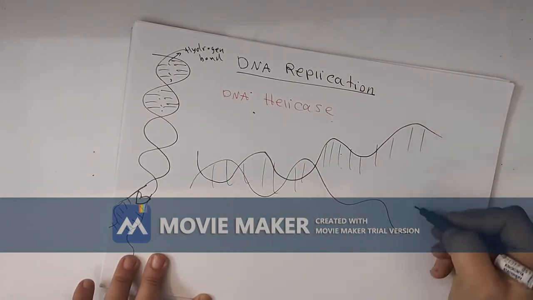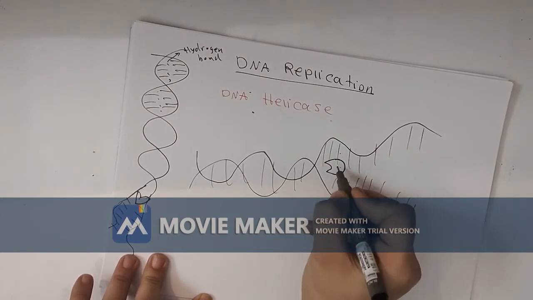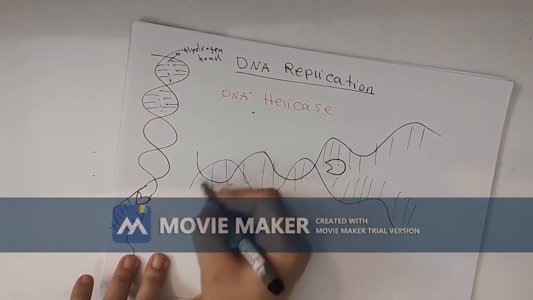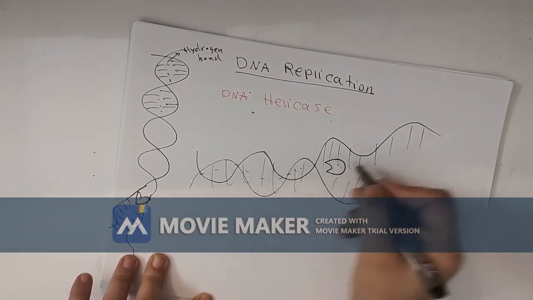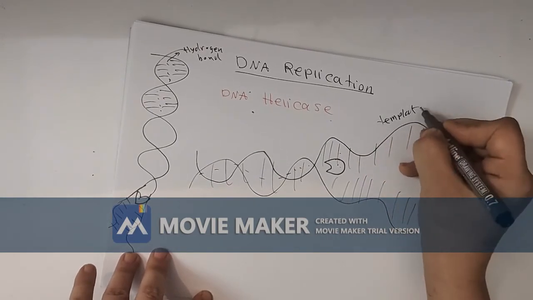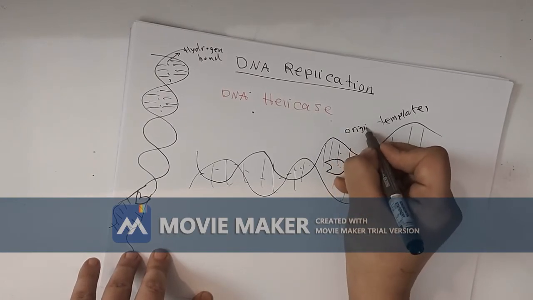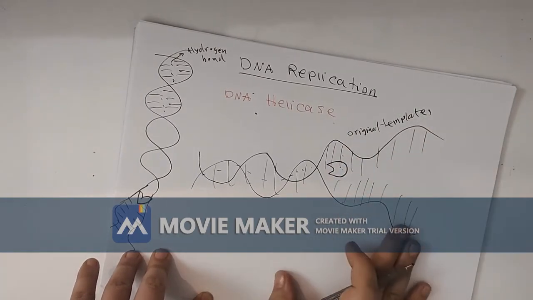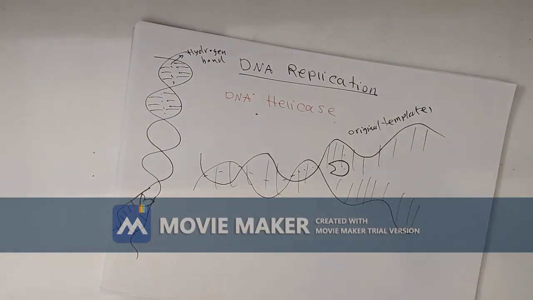So DNA helicase is just opening this helix up by breaking the hydrogen bonds. So there are the templates, the parental. So this is the original template, and also this one. Okay, so just unzip it and make it ready for the replication.